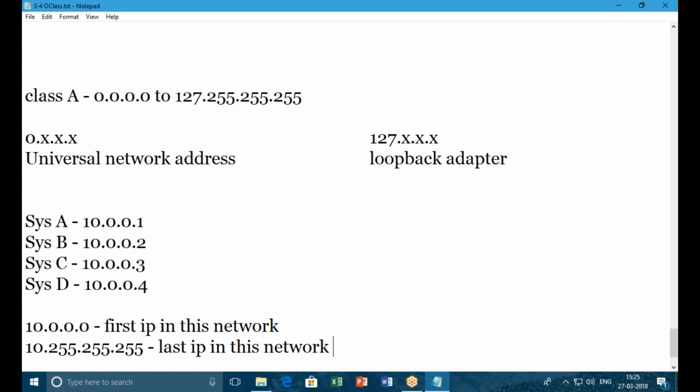Again, these two IP addresses will not be assigned to systems. The first IP address, the starting IP of any network, is used to identify the network, and the last IP address is used for broadcasting.